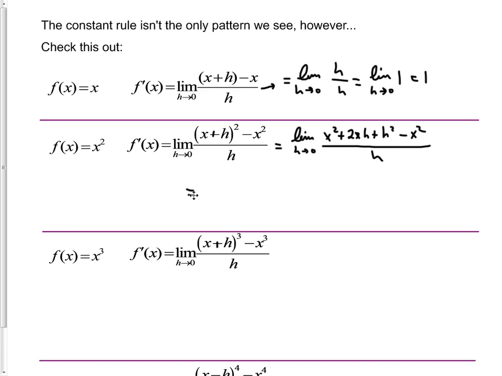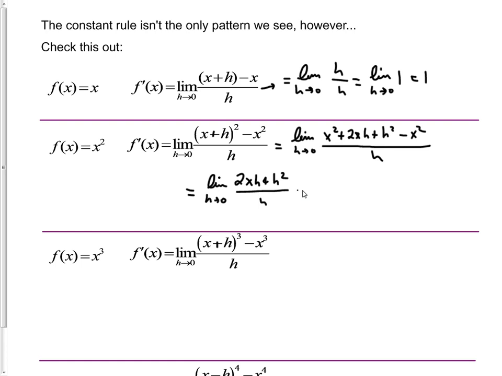Simplifying this limit in order to evaluate it, the x squared term just subtracts out, leaving us with 2 times x times h plus h squared, divided by h.